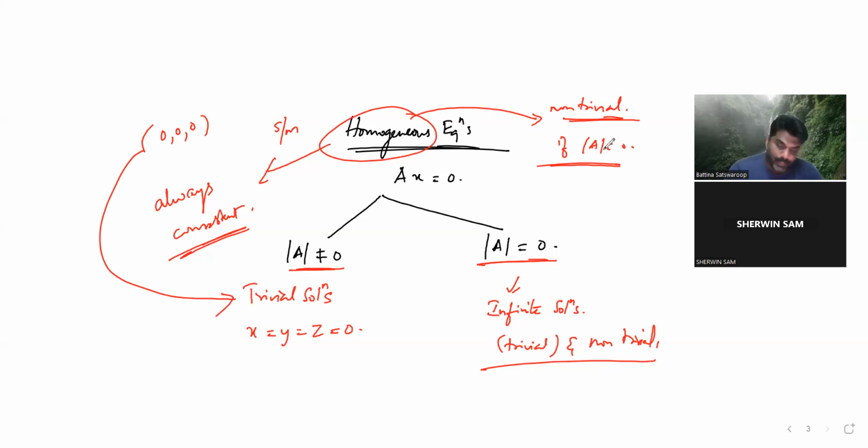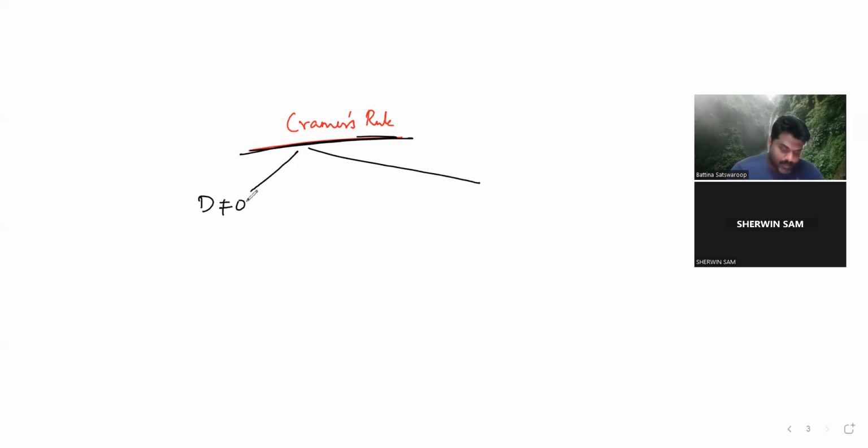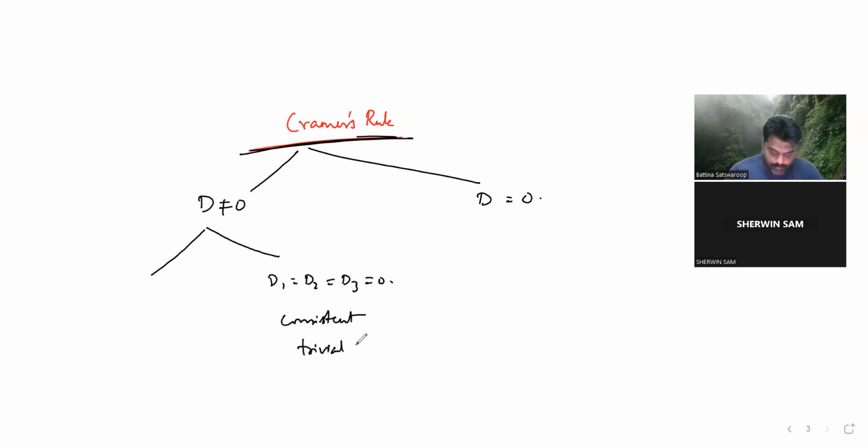Next, Cramer's rule. Again, two cases: determinant is not equal to 0, determinant is equal to 0. In these two cases, if D1 equals D2 equals D3 equals 0, then it is consistent and it has a trivial solution.